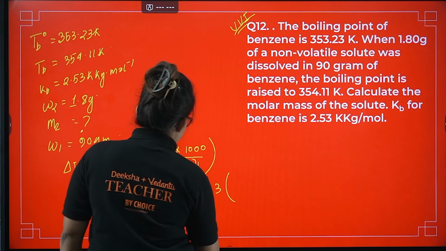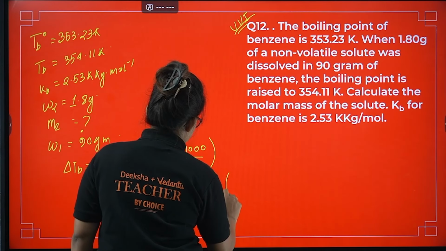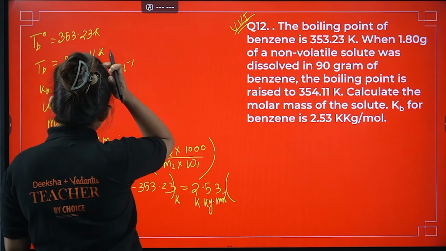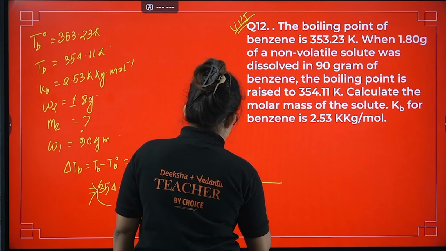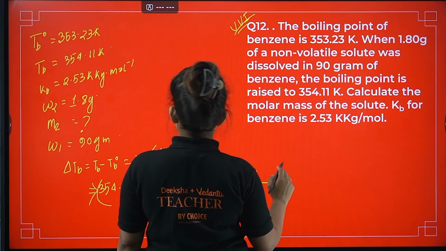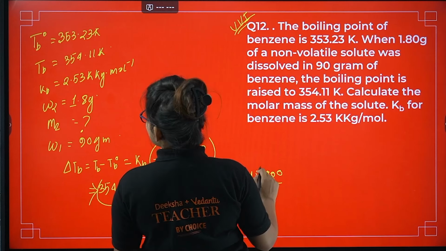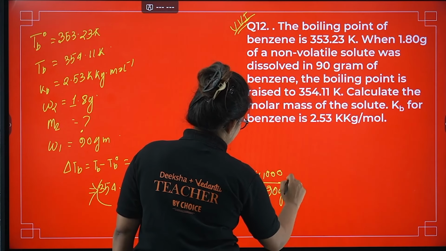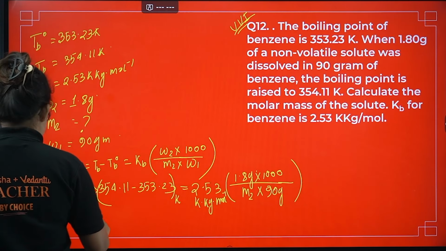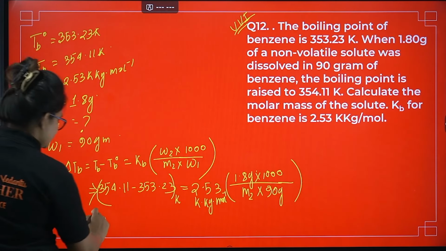Now W2 is given as 1.8 gram, M2 you have to find out, right? Into 1000, here into 90 gram, right? So if you just calculate this entire thing, you will get your answer.